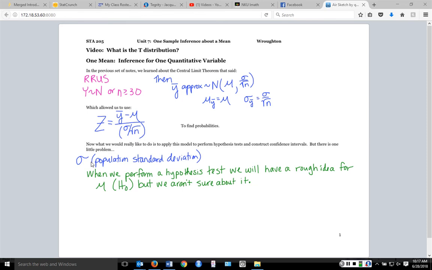So I'm not sure, of course, that the null hypothesis will be true, so my value that I'm going to use for mu, my population mean, I'm not sure about.